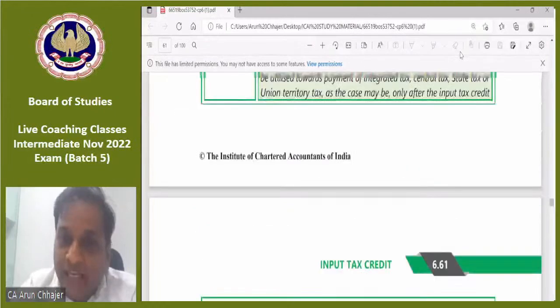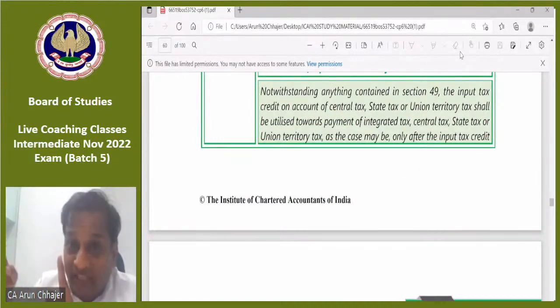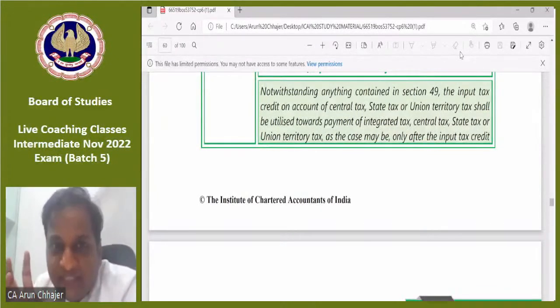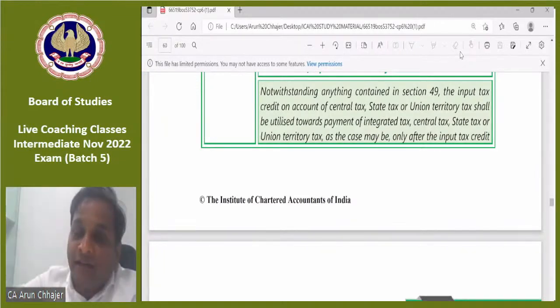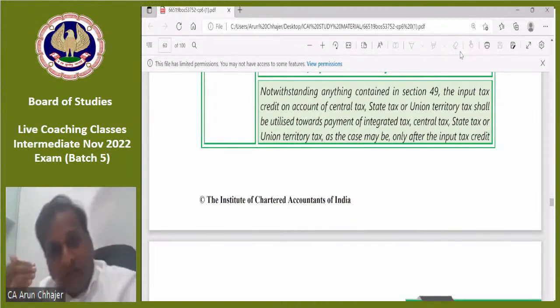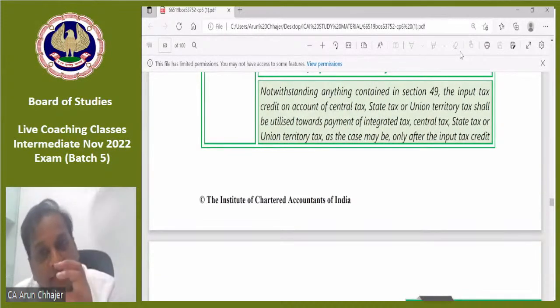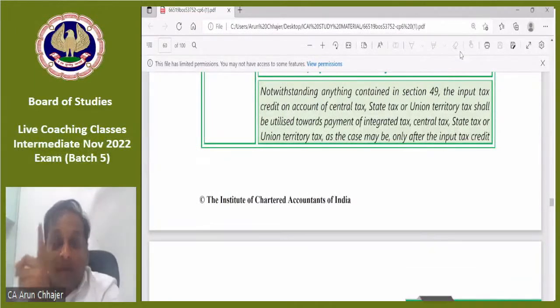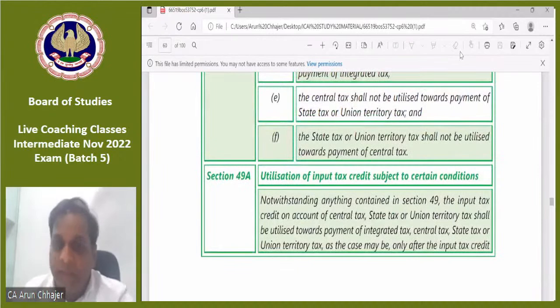They are not saying to whom we will give the amount or from whom we will take it. They are only saying how the ITC would be used, the restriction on ITC. C, S, etc. will not take from their own until I becomes 0. But whether C can give to S or S can give to C, we have to read from the main provision.